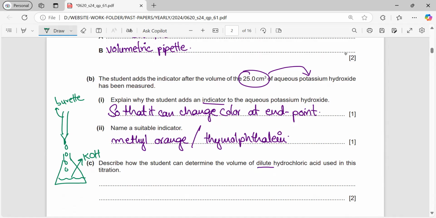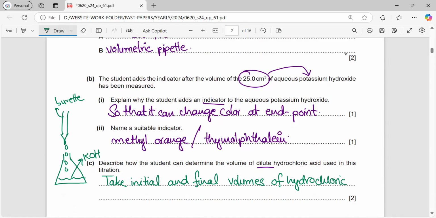So how will we know how much volume of hydrochloric acid is used? By taking the initial and final readings. So what we'll do? Take initial and final volumes of hydrochloric acid.